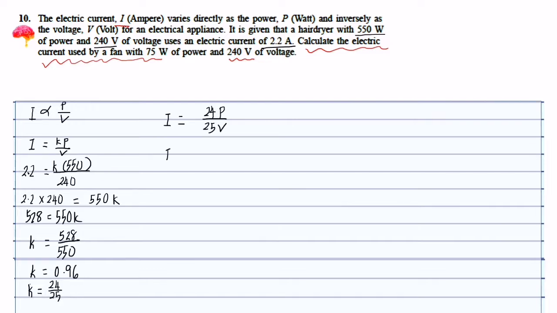So I equals 24 times 75 over 25 times 240. I equals 0.3 ampere.